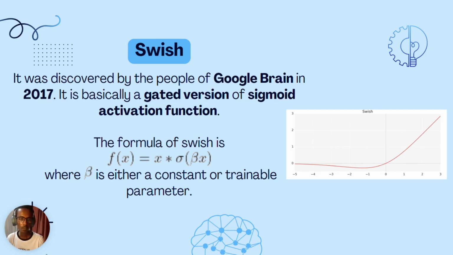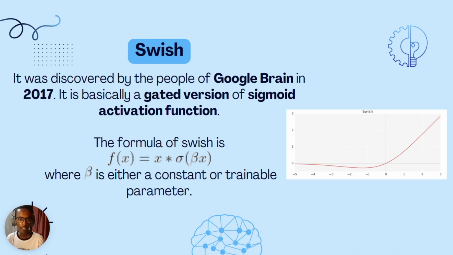And as you can remember, the sigmoid activation function is a very simple activation function which was used initially during the inception of deep neural networks. The formula for the Swish activation function is that we're going to use the sigmoid activation function and apply it on the input x, multiplied by a constant parameter, just like the alpha we used in the Leaky ReLU.